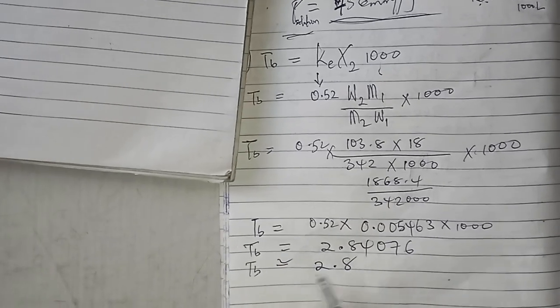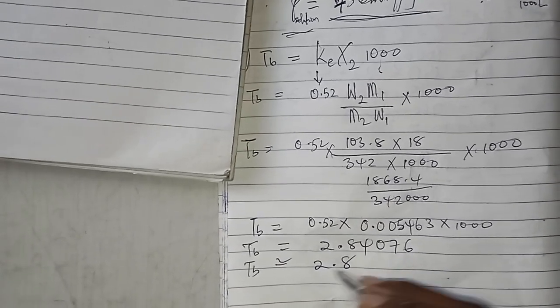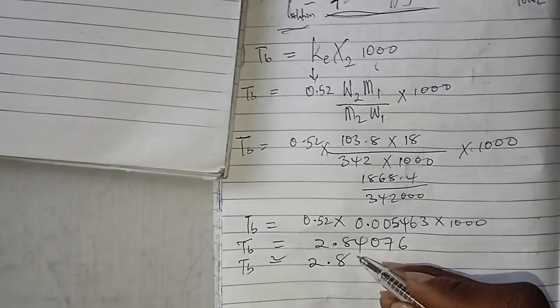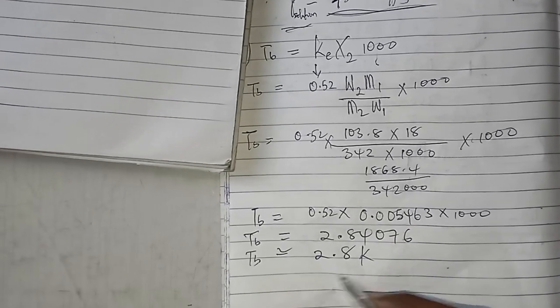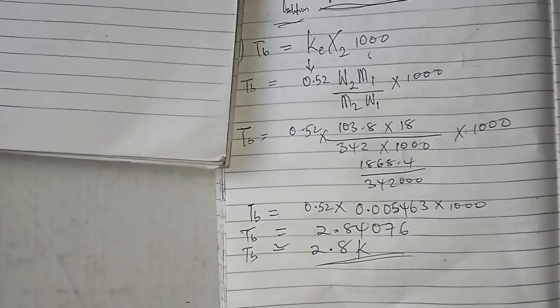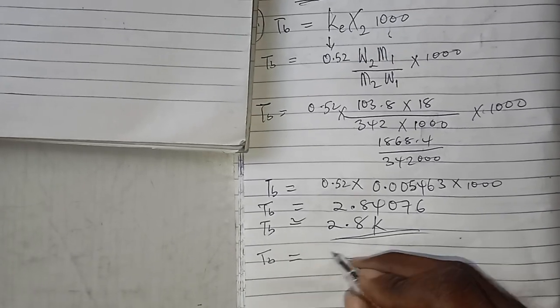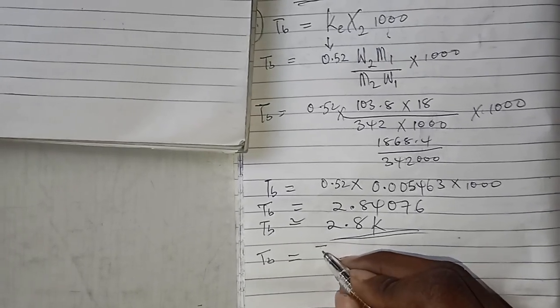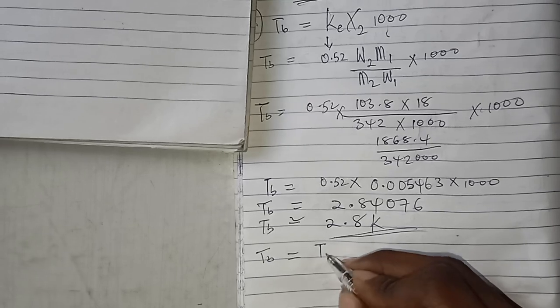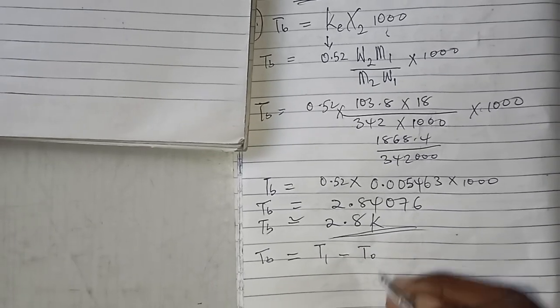So the TB is 2.8, and this is in Kelvin, if you remember, that's what we used. We can still remember that the elevation of boiling point TB is equal to T1 minus T naught.